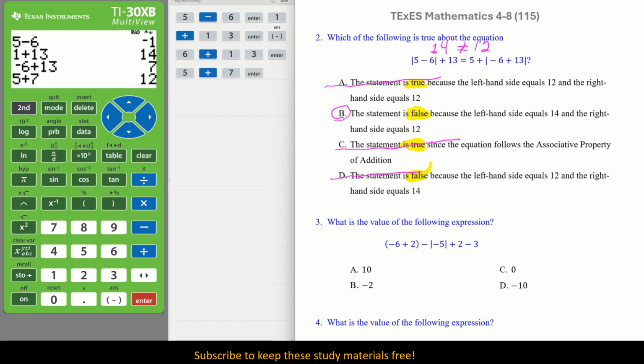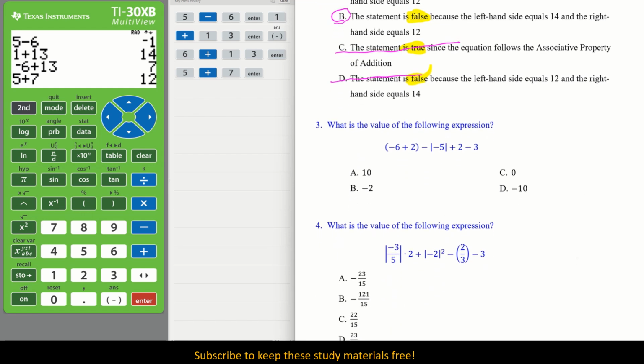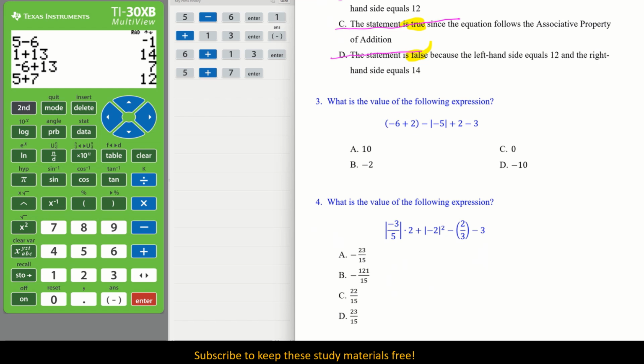Okay, let's look at number 3, and it says, what is the value of the following expression? Okay, so what we need to do is everything here can be typed in the way it is, except for our absolute value. Because as we stated before, absolute value doesn't exist on this particular calculator or family of calculators.